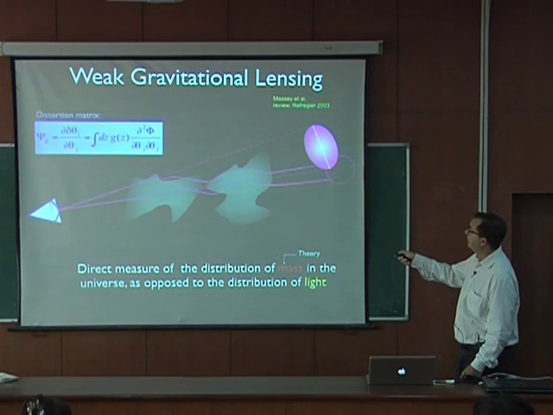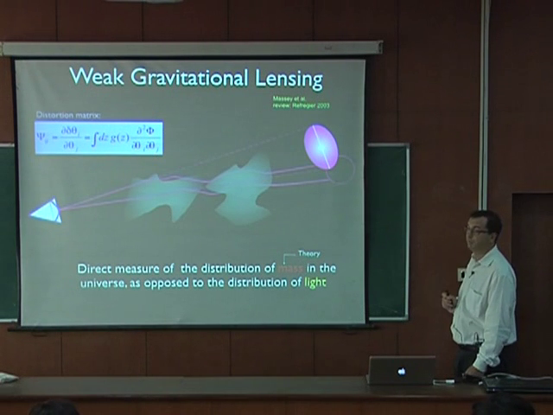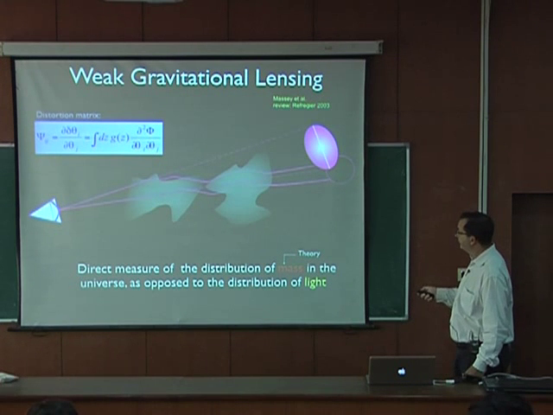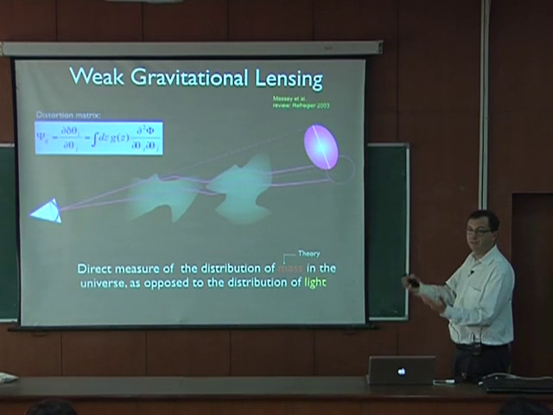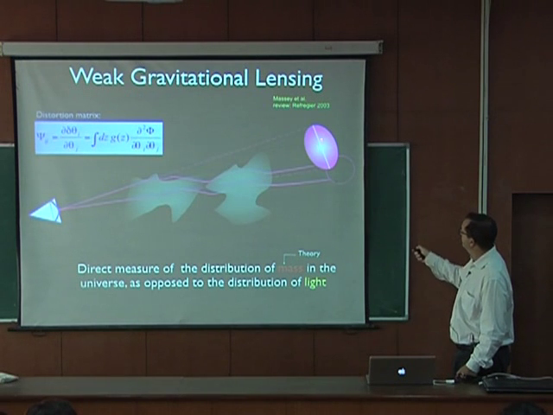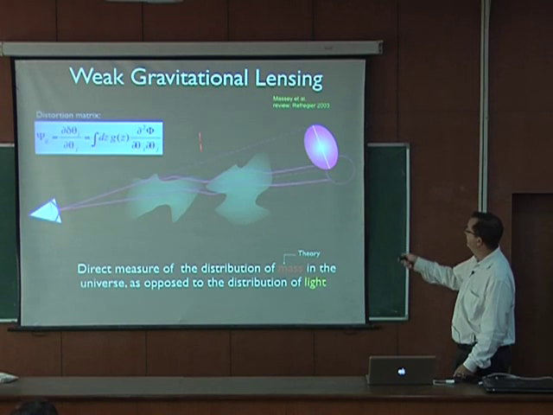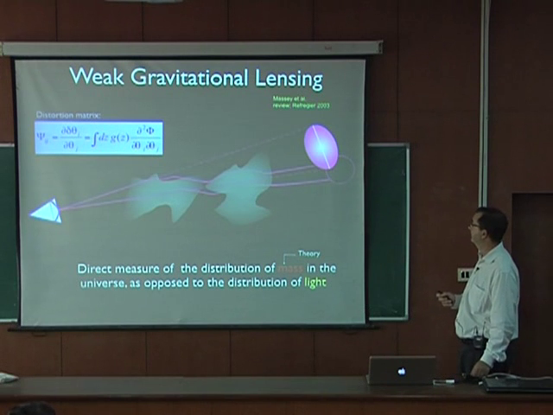And so what we're really probing is the projection of the derivatives of the gravitational potential. Since the gravitational potential is related to the density through the Poisson equation at late times, by measuring this distortion, we can basically probe directly the density perturbation projected along the line of sight with this weight function. Okay.